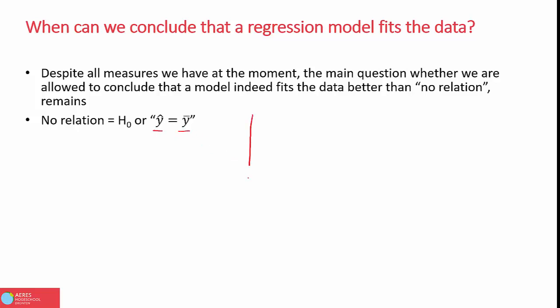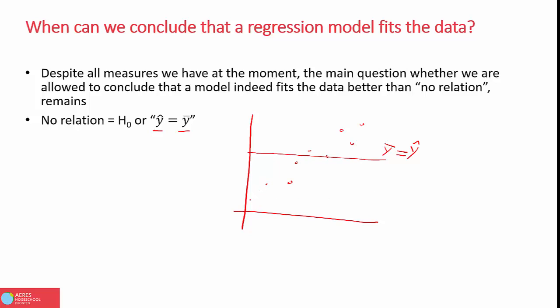If we put that in a graph, with data points looking like this, we say that this would be y average, the average value of all the y's, and the null hypothesis states that y average is equal to our prediction.